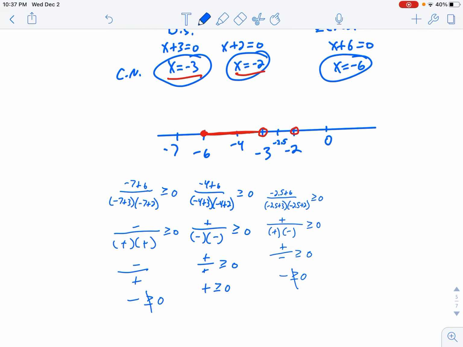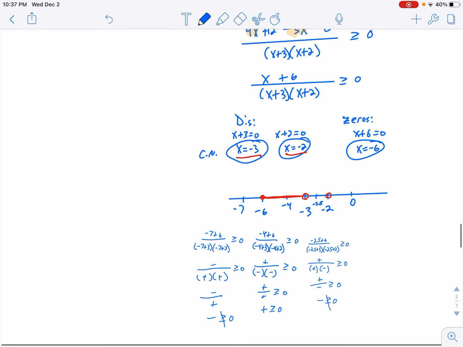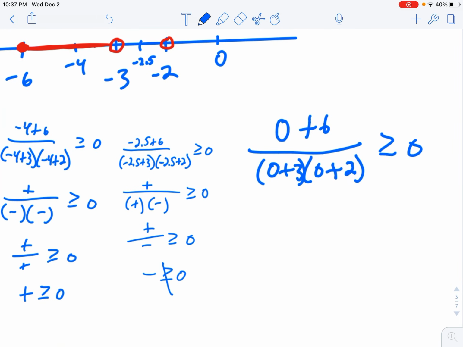All right, good. Okay, now let's plug in 0. 0 plus 6 over 0 plus 3 times 0 plus 2. Is that greater than or equal to 0? 0 plus 6 is positive. 0 plus 3 is positive. 0 plus 2 is positive.